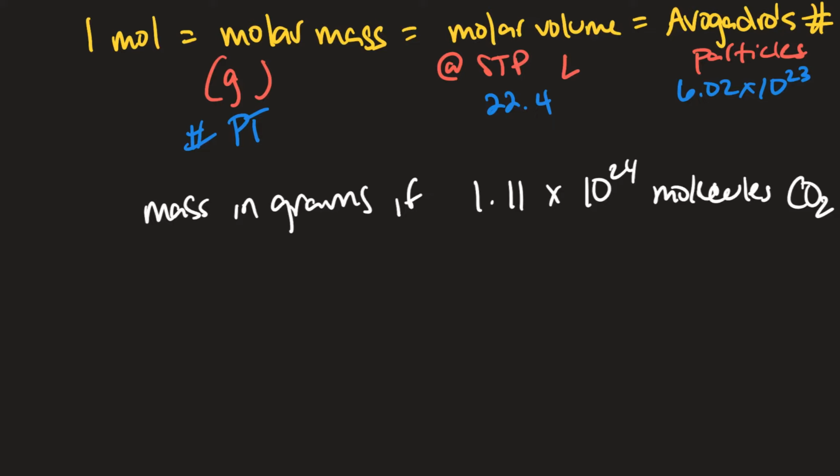The units that we have are grams, or mass in grams, and molecules of CO2. Then we could go back and look at our main equivalence statement and see exactly what we're looking at here. Mass in grams, so we're talking about the molar mass here because it's in grams.